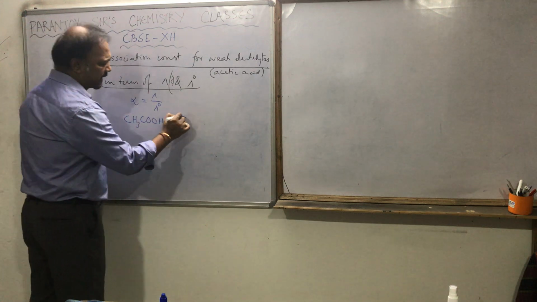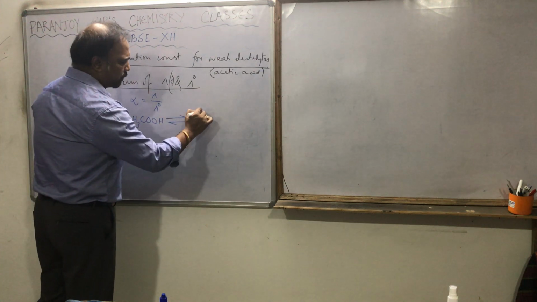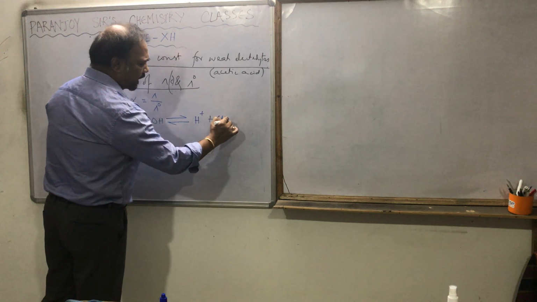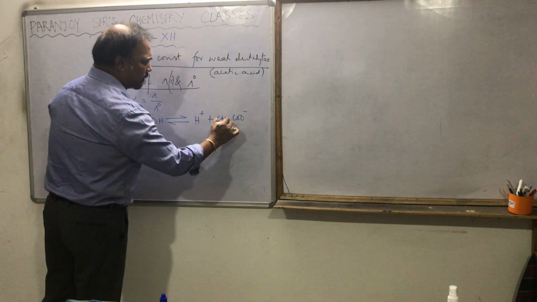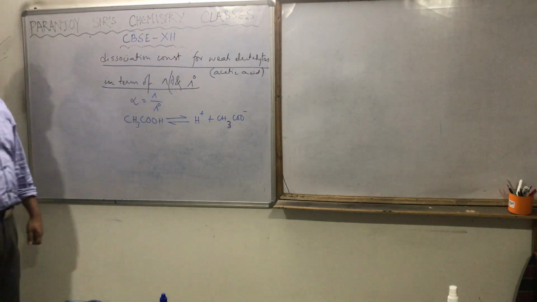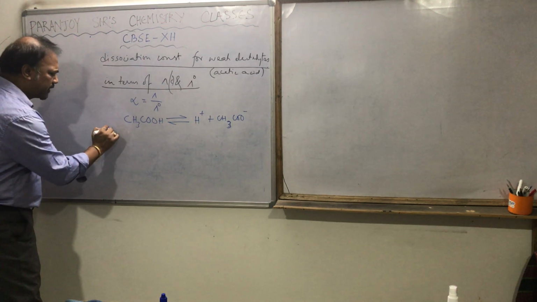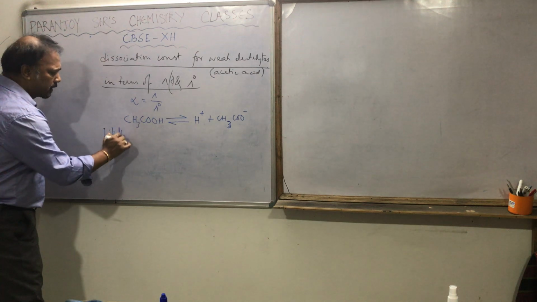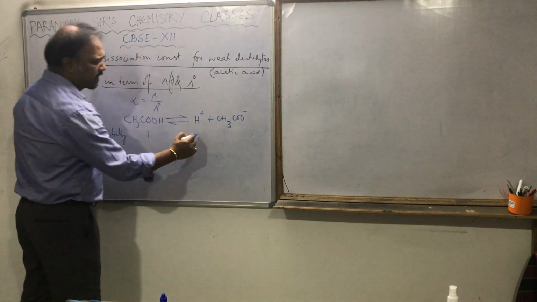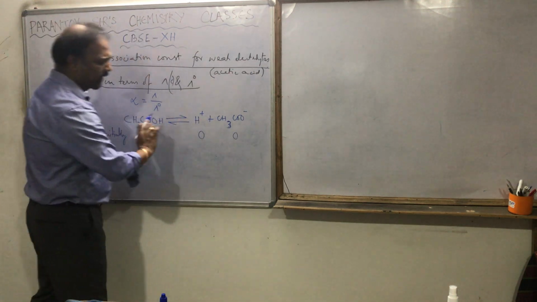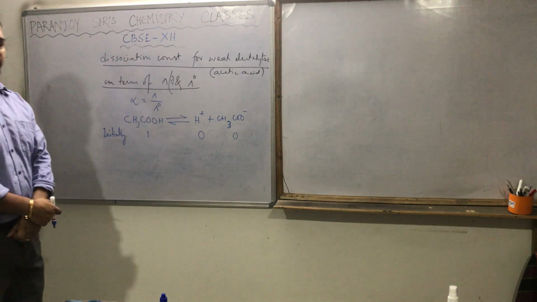CH3COOH, that is acetic acid, is dissociated into H positive and CH3COO negative and is coming under equilibrium. Suppose initially there was 1 mole of this, and obviously there was nothing else. That was the initial condition.